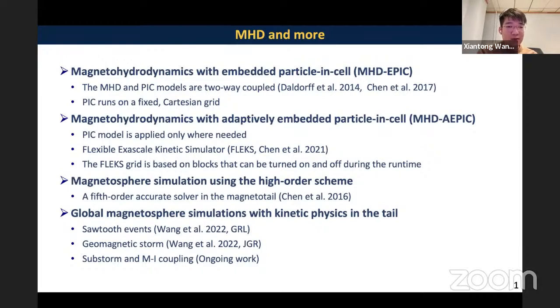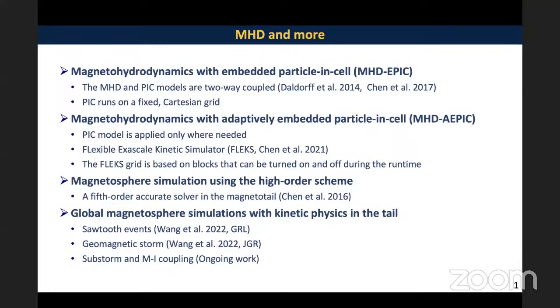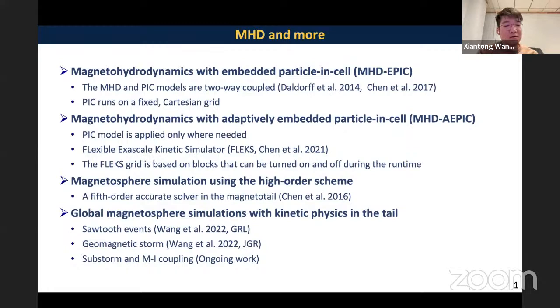We found that MHD is very good at describing the overall configuration of the magnetosphere, and we have a lot of successful works with MHD simulation, not only in the Earth's magnetosphere, but also in other space environments like solar physics or the planetary sciences.